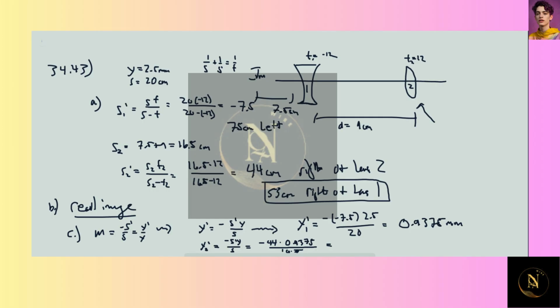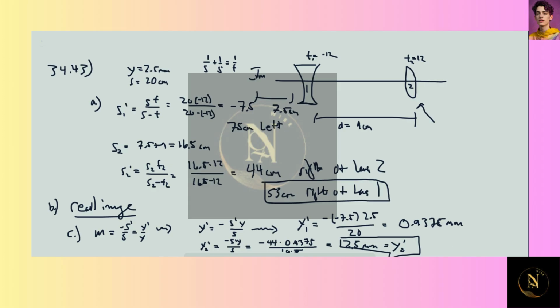Let's plug that in. Divided by 16.5, this comes out to being exactly 2.5 millimeters. Huh, interesting. It comes out to being the same exact size as it was before. So overall, there was zero magnification.